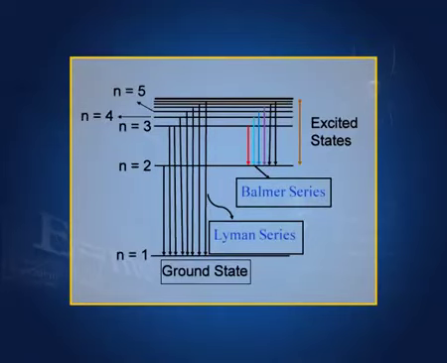Then we introduced the idea of the quantum, as proposed by Planck to explain black body radiation. We also found that the free electrons existing in a metal piece, if they have to come out, need a certain minimum energy, and that energy is called the work function of metals.